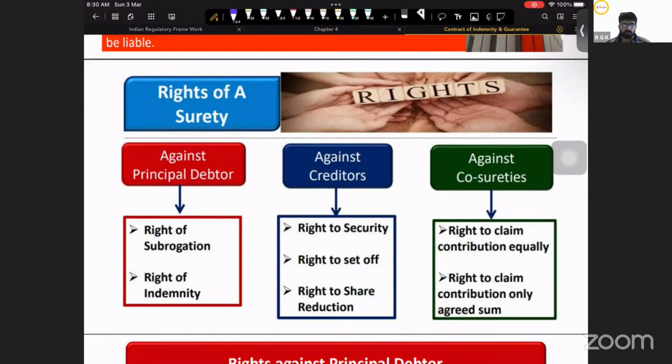We said contract of guarantee is a contract whereby one party promises to repay the liabilities or perform in case of failure by third party. So the party who is promising was called as surety. The party to whom the guarantee was given was called as creditor, and party on whose behalf the guarantee was given was called as principal debtor.